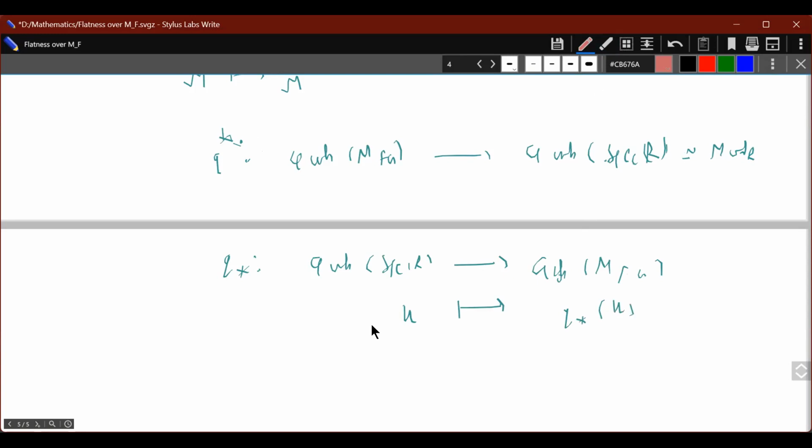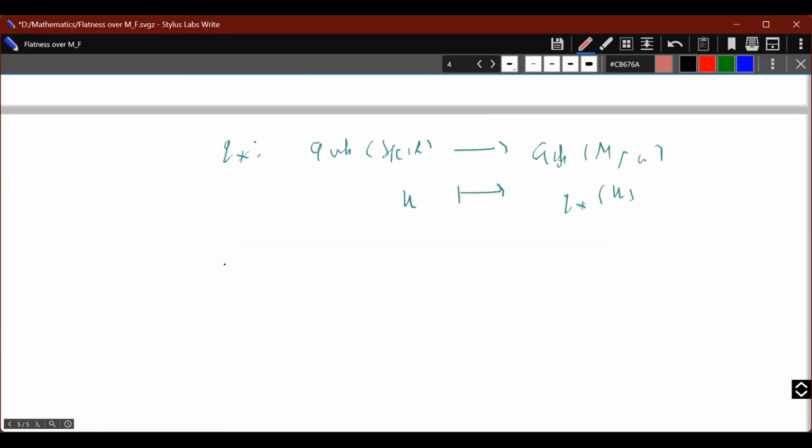Okay, so how do you define this? Still struggling a bit, but it isn't that bad. So I'll define all these maps and stuff that we have.